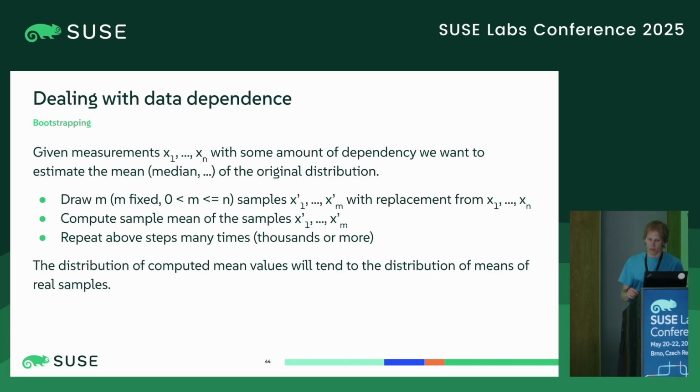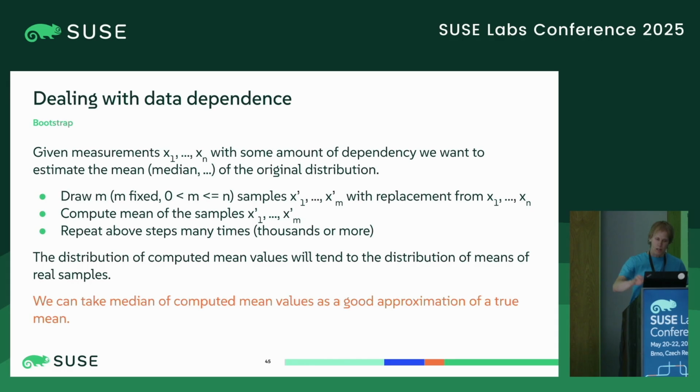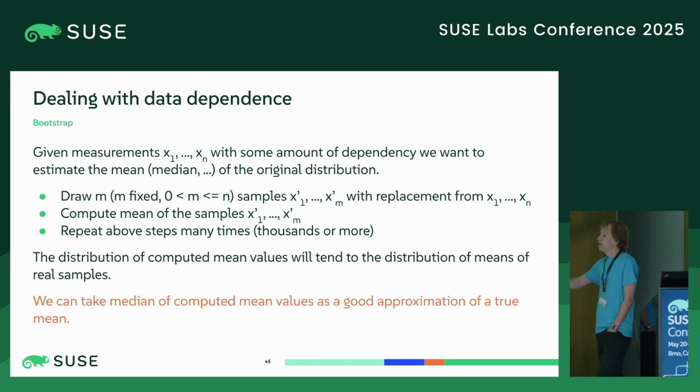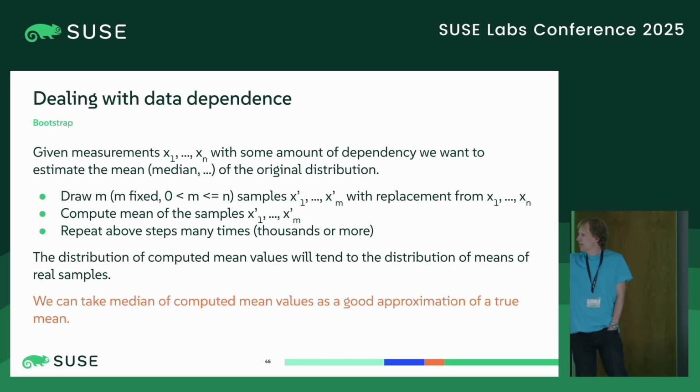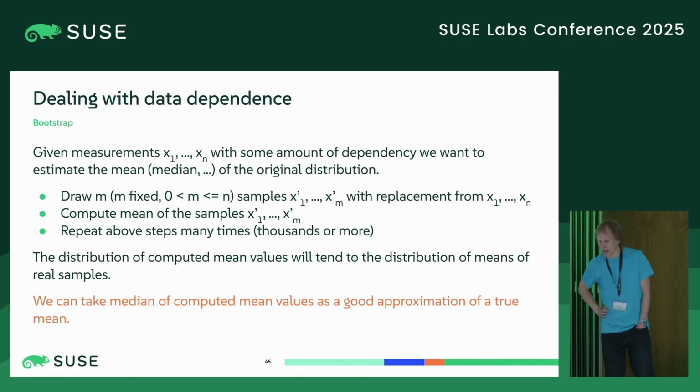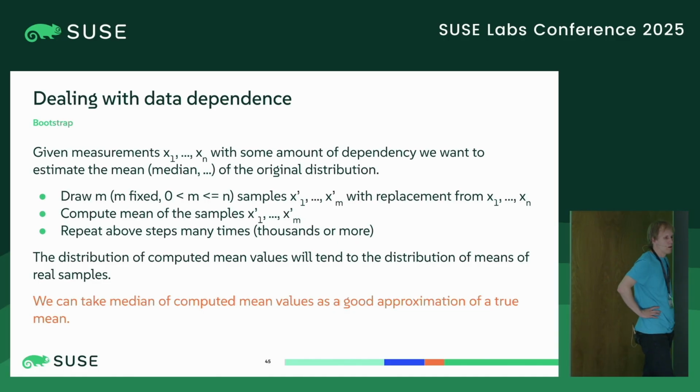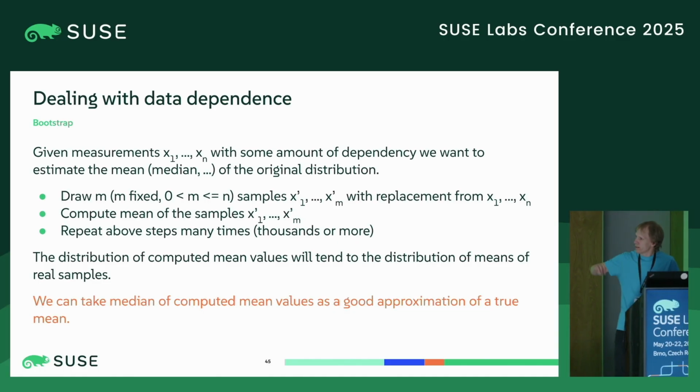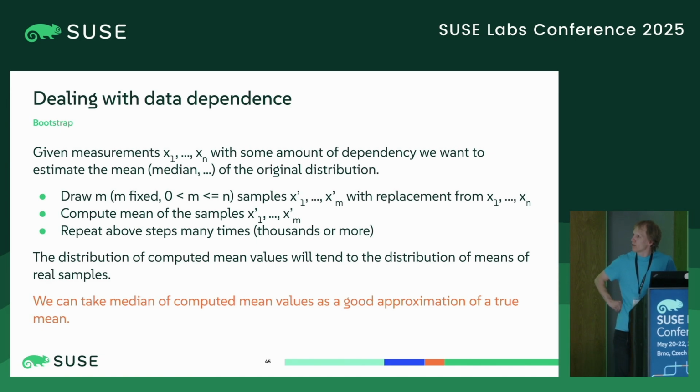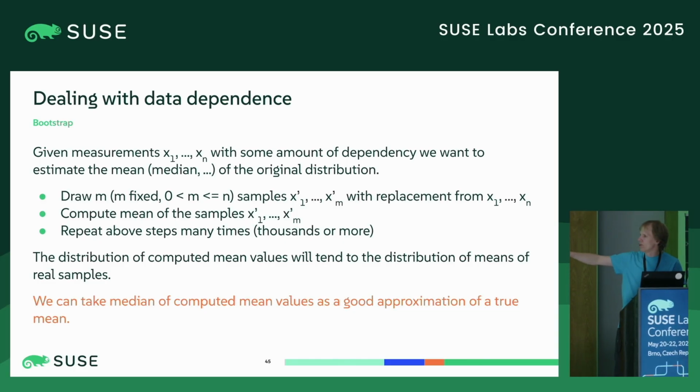This is the statement of the bootstrap theorem. In practice, this means that if we have these 1,000 averages and we take a median, let's say, of these mean values, then this is a very good approximation of the true mean of the original distribution, and we also get some good estimates on the confidence interval of our average.